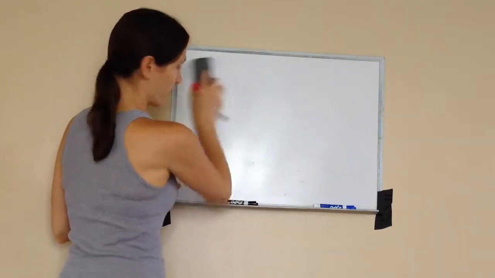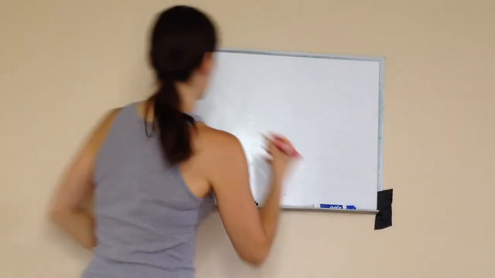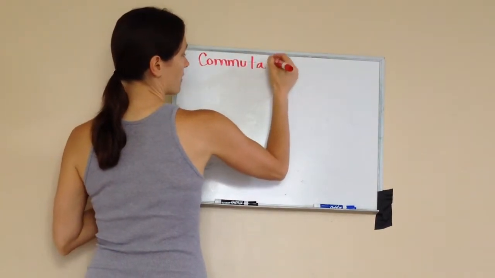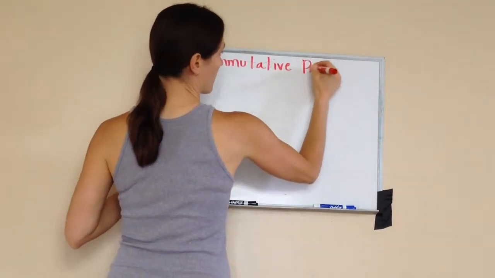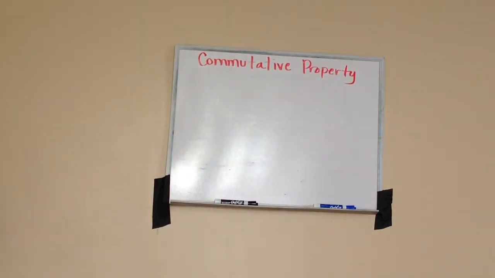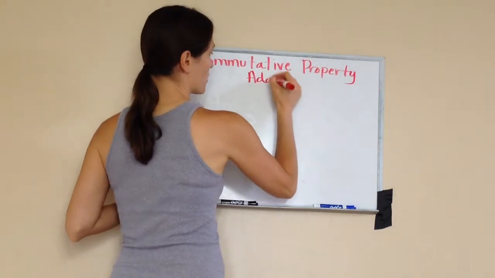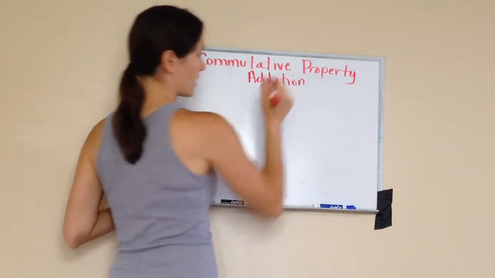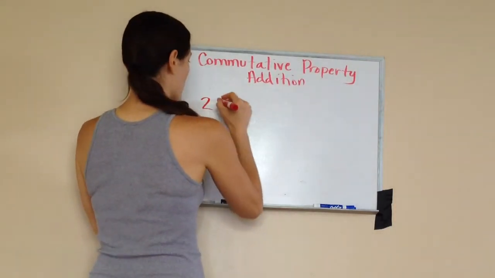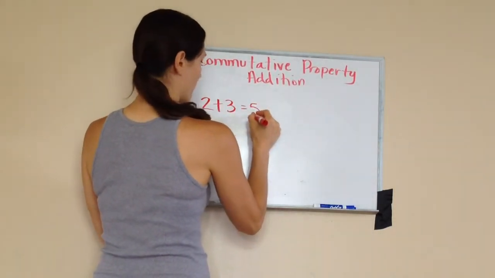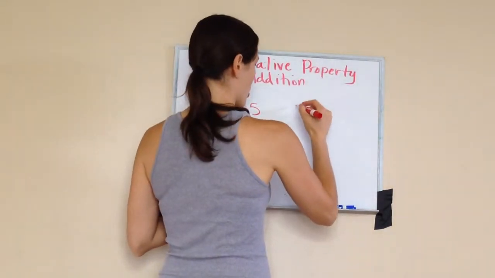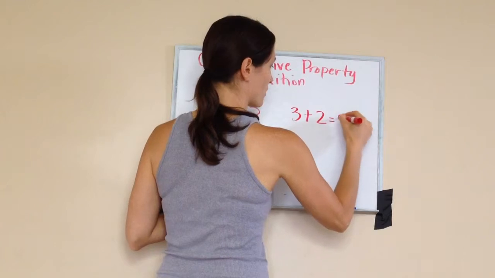Now, the first property that we're going to look at is commutative. Commutative property. And because we're working with addition right now, we're going to do the commutative property of addition. Let me show you what the commutative property means. For example, 2 plus 3 equals 5, and then also 3 plus 2 equals 5.